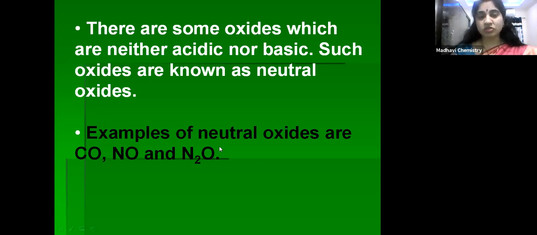There are some oxides which have both acidic character as well as basic character. Such oxides are called amphoteric oxides, like aluminium trioxide. There are some oxides which have neither acidic nature nor basic nature. Such oxides are called neutral oxides. Example: carbon monoxide, nitric oxide, and nitrous oxide, CO, NO, and N2O.